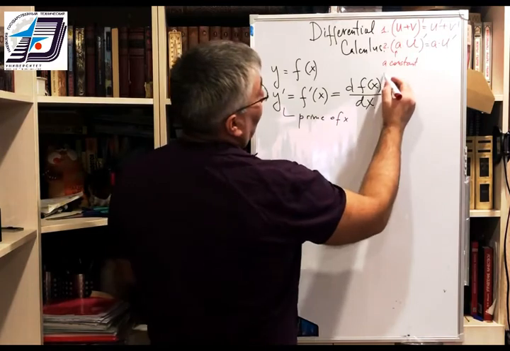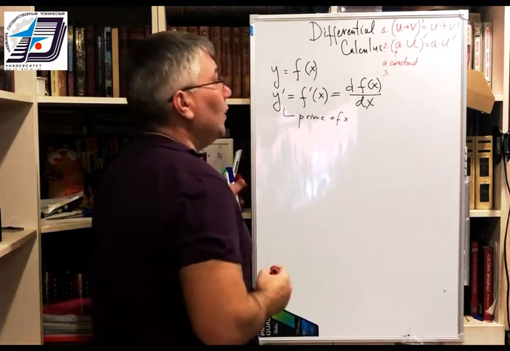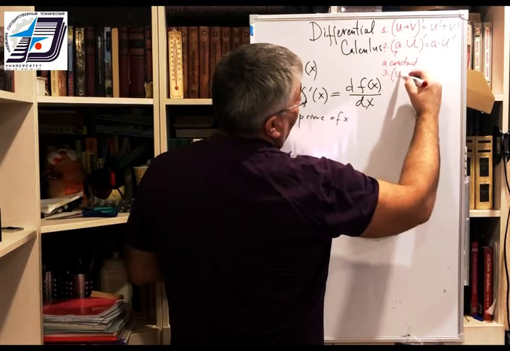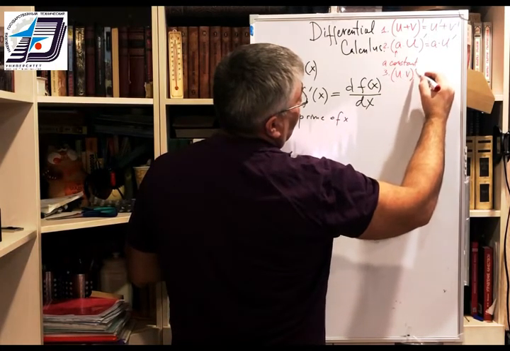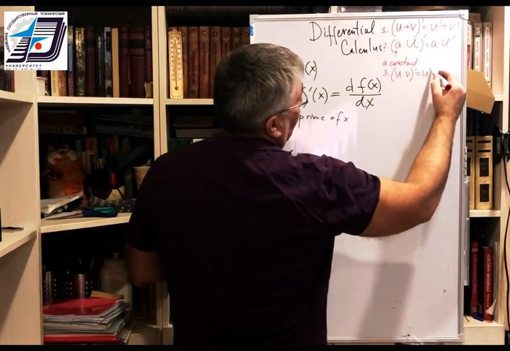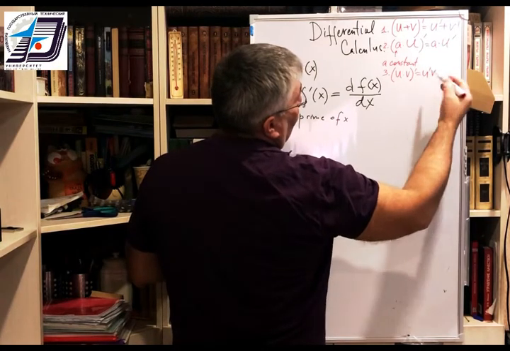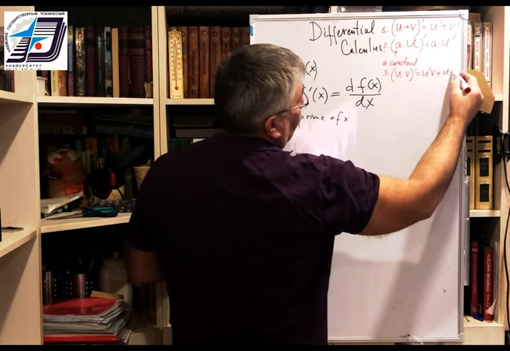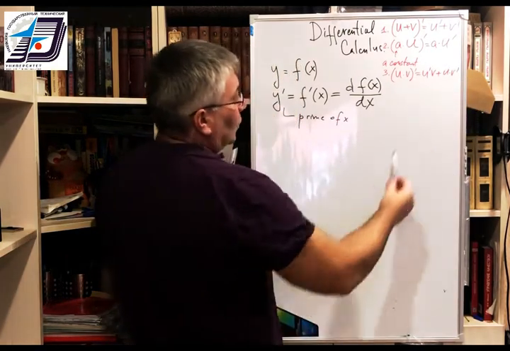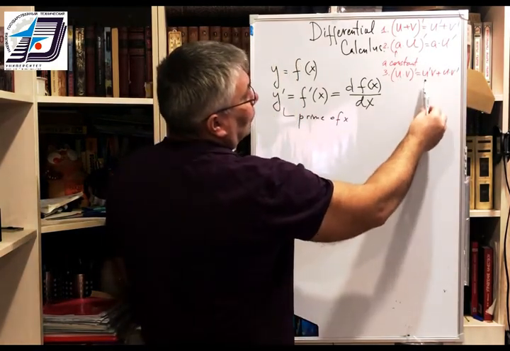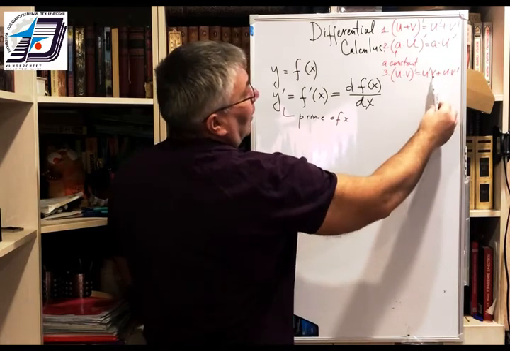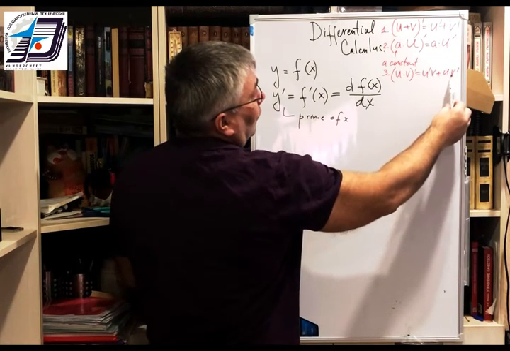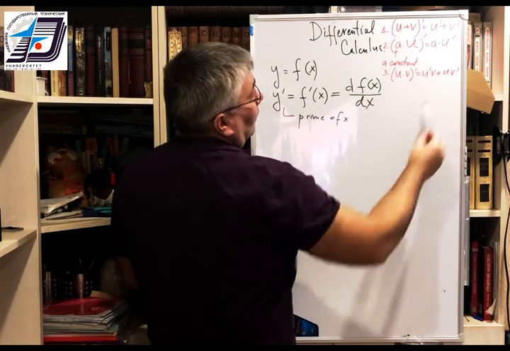What else do we have? If we have a product of two functions, their derivative is a summation of the kind of cross products, cross primes. So here you first calculate the derivative of u, and then multiply by v, plus u multiplied by the derivative of v.